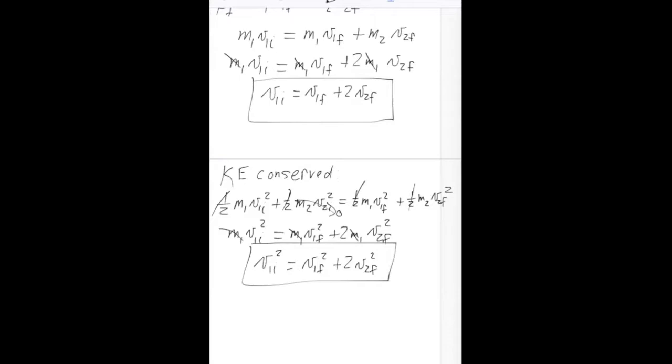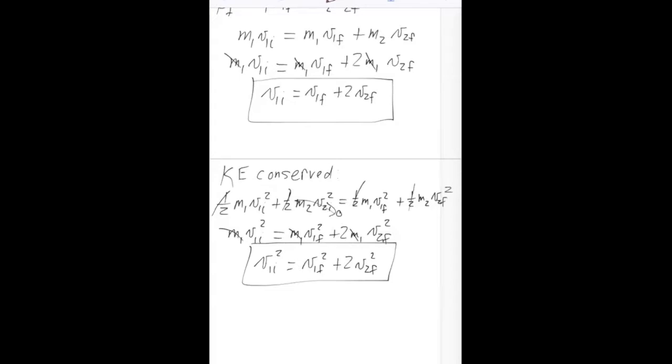So the way we do this is I need to solve one of these equations for one of the unknowns and then plug that into the other equation. If you look at these two, which one do you want to deal with first? You'd want to deal with the simpler equation, the one without the squares in it.